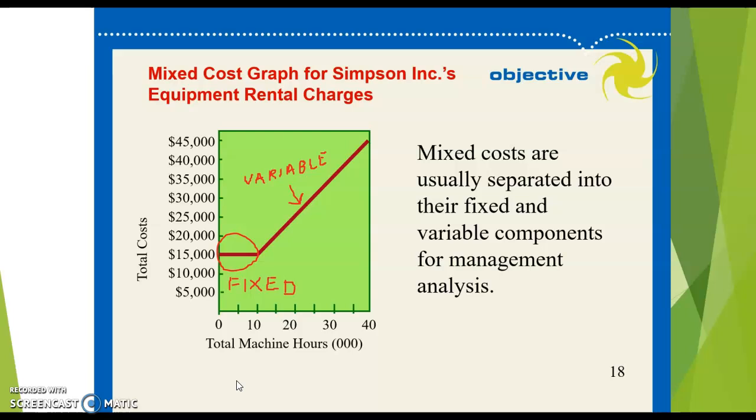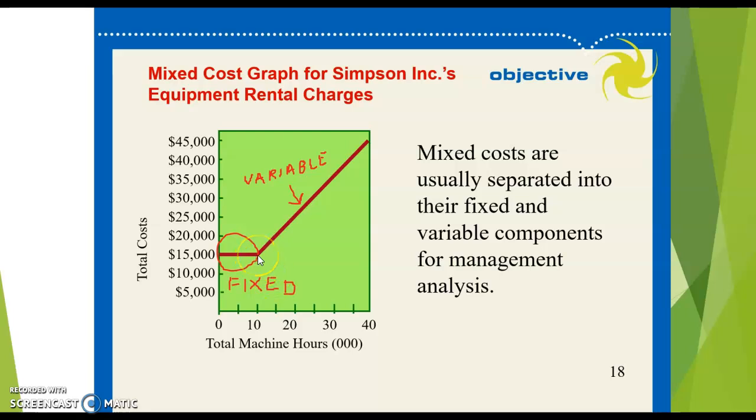So here we have a graph showing how many machine hours across the x-axis, and those are in thousands. So the first 10,000 machine hours are $15,000. So that part of the graph is flat, which we call a fixed cost. When the total cost remains flat, that is a fixed cost.